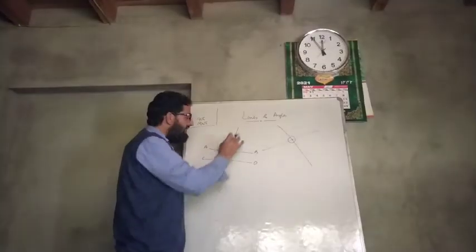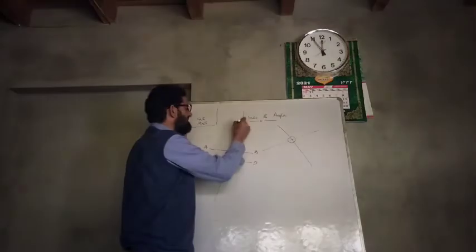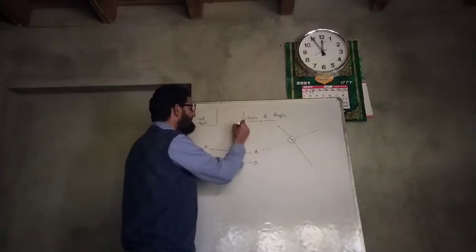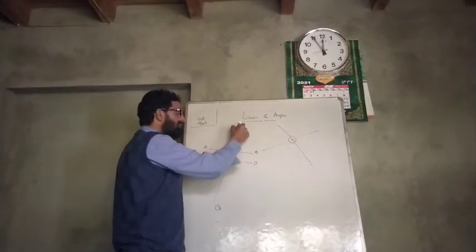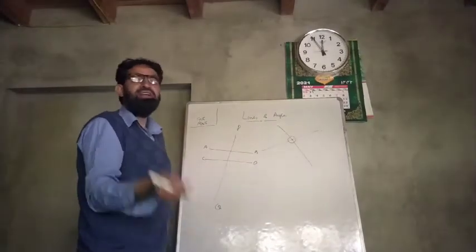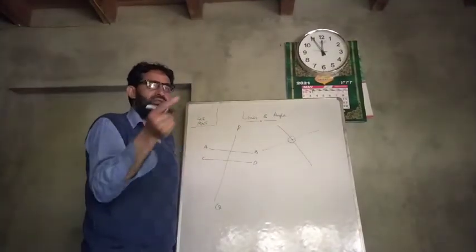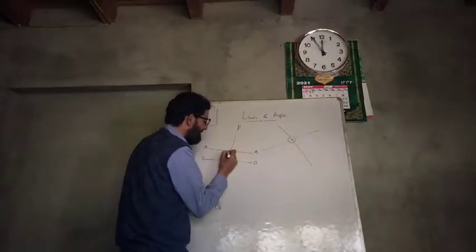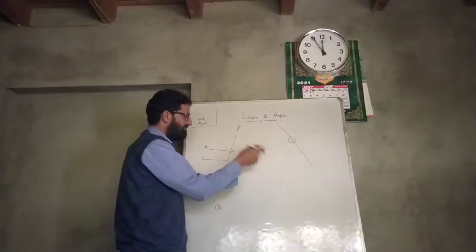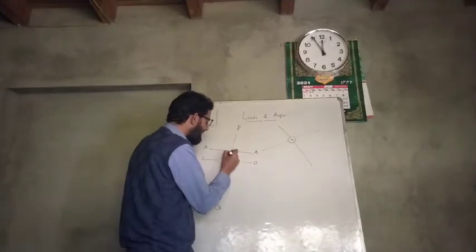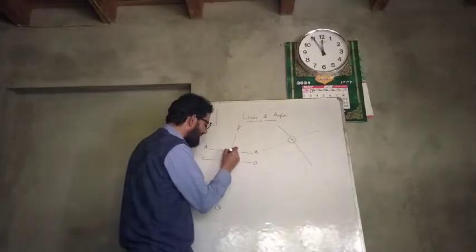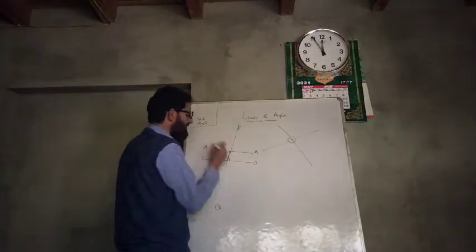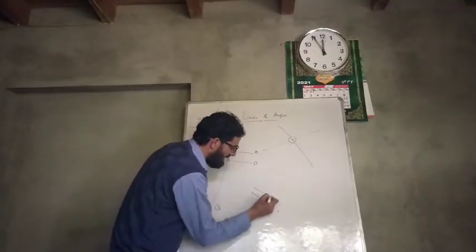And parallel lines can be intersected by a transversal. A transversal is a line which intersects two parallel lines.